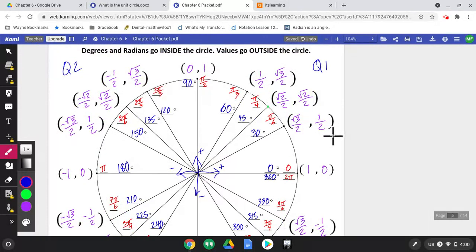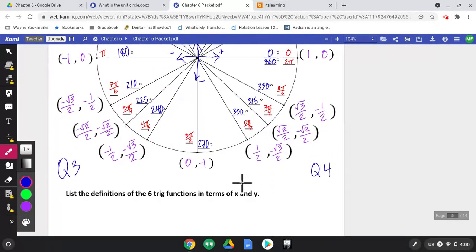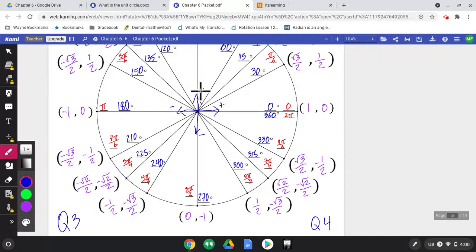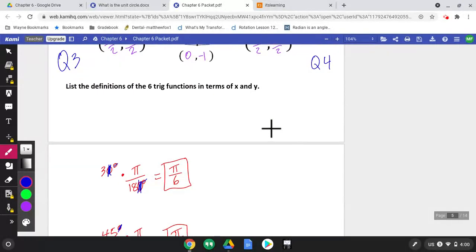So these x and y, if we think about it, if we had a right angle here, okay, so those triangles we were drawing were right angles, and compared to our central angle, we could find our sine or our cosine. So our sine, so jot this down to the bottom.